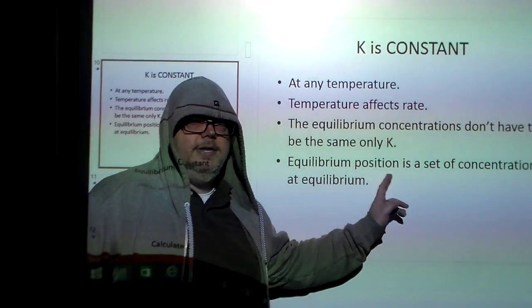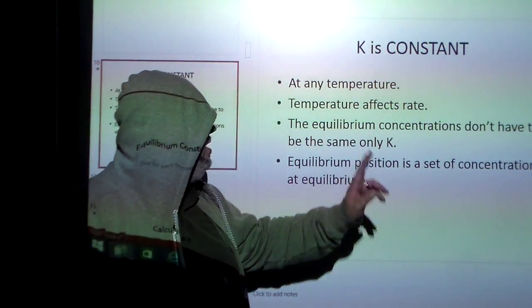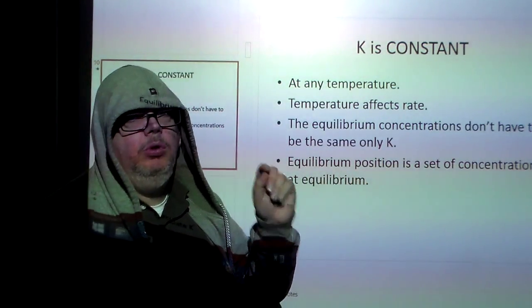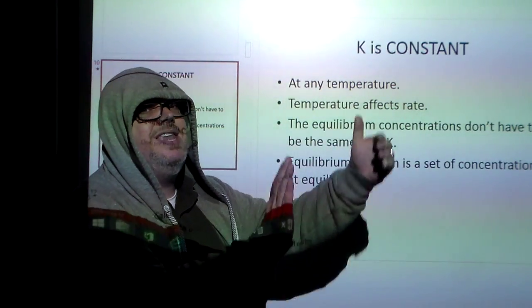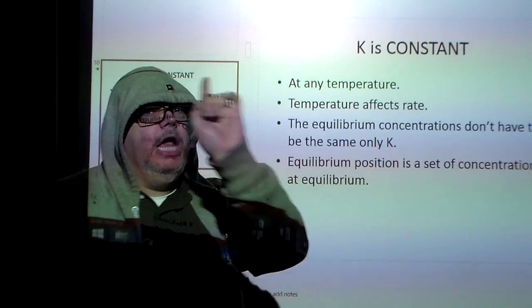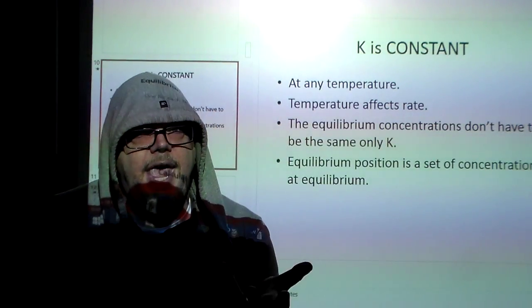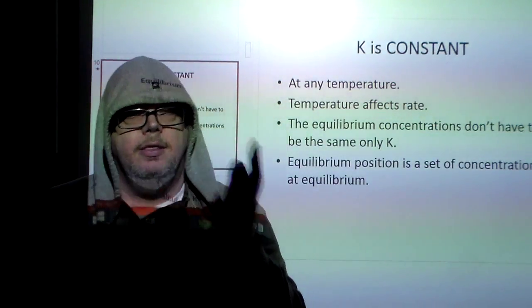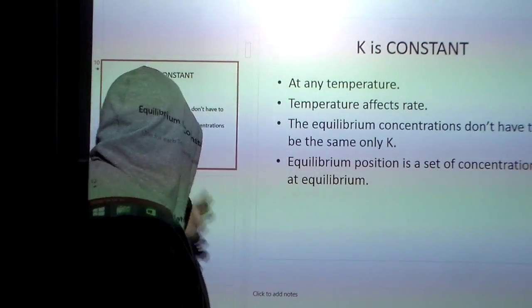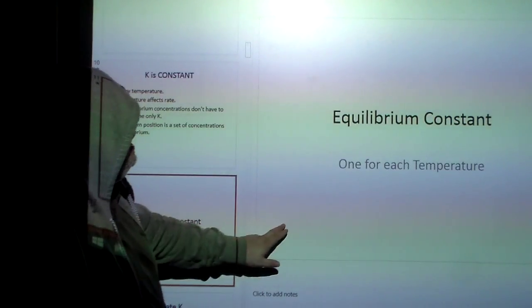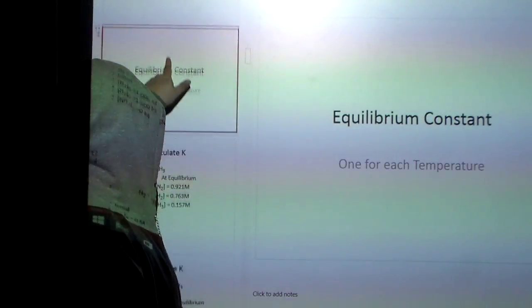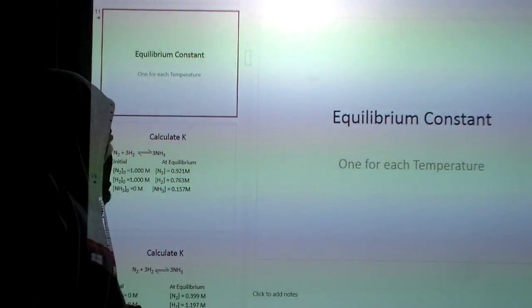And here's an idea that's important: the equilibrium position is a set of concentrations at equilibrium. We can have different equilibrium positions at different temperatures, but the constant itself, the K, doesn't change. Equilibrium constant, one for each temperature.